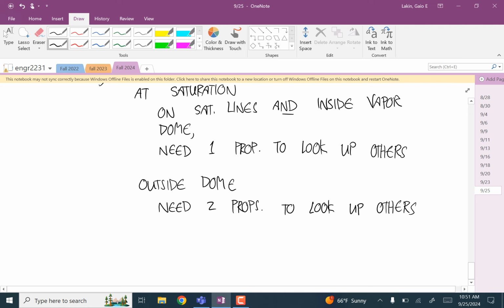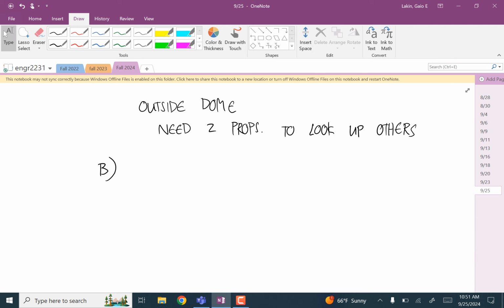And then the last thing that we talked about was linear interpolation. So to use this, you have to remember if you're using this with anything in the vapor dome, you have to be ready to use the quality.